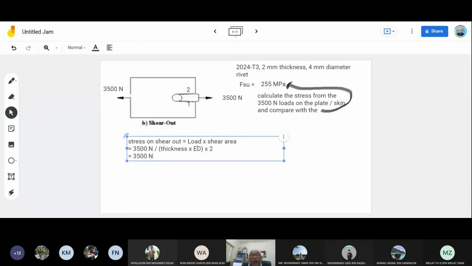Divide by thickness, 2 over 1000 to change from mm to meter, times edge distance 2 times diameter, 4 over 1000 meter, and everything times 2.